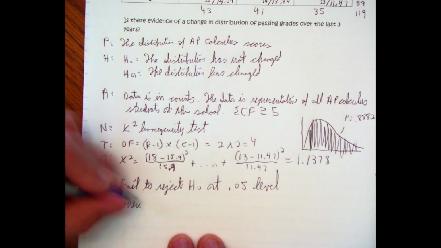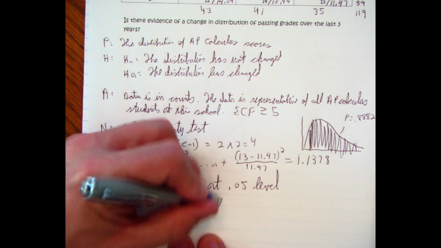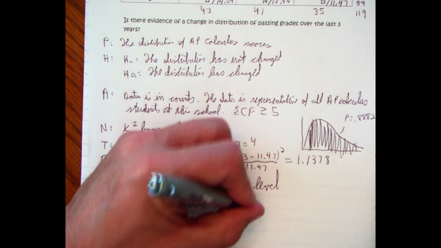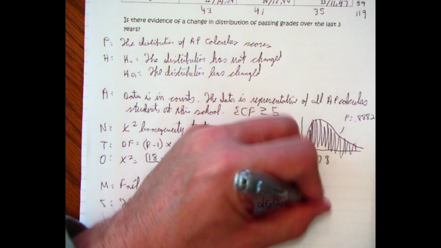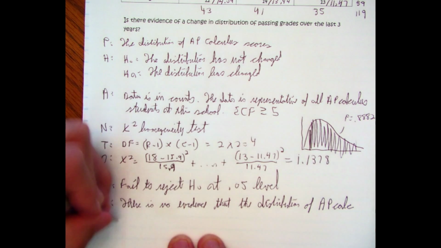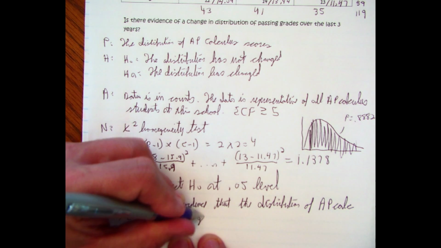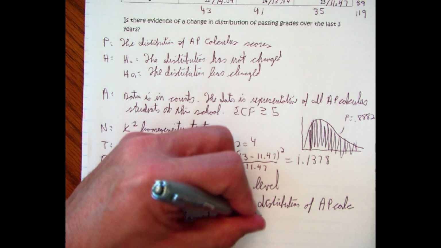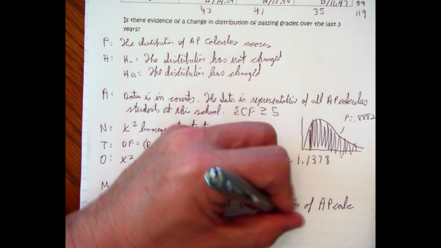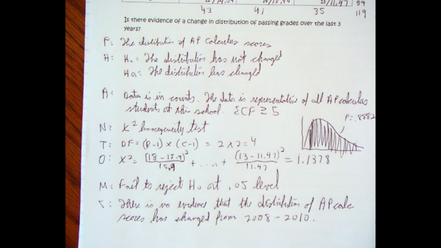There is no evidence that the distribution of AP Calculus scores has changed from 2008 to 2010. That was simple. Okay, so that problem is done.